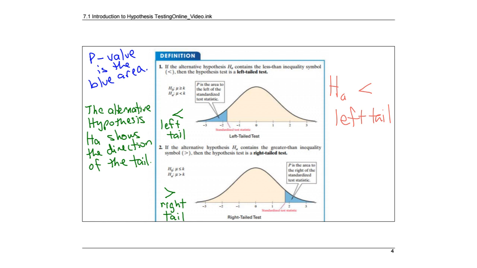Right? And so if the inequality is pointed to the left, then our area is going to be over here in the left. If our alternative is a greater than sign and is pointed to the right, then we're going to have a right tail test. And therefore, our area is going to be on this side.